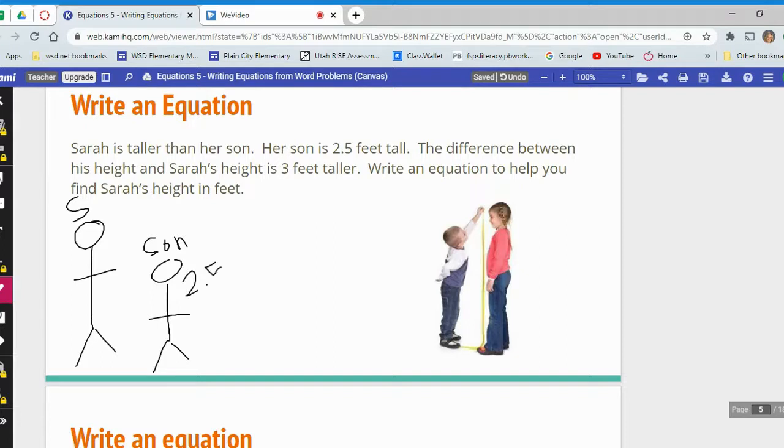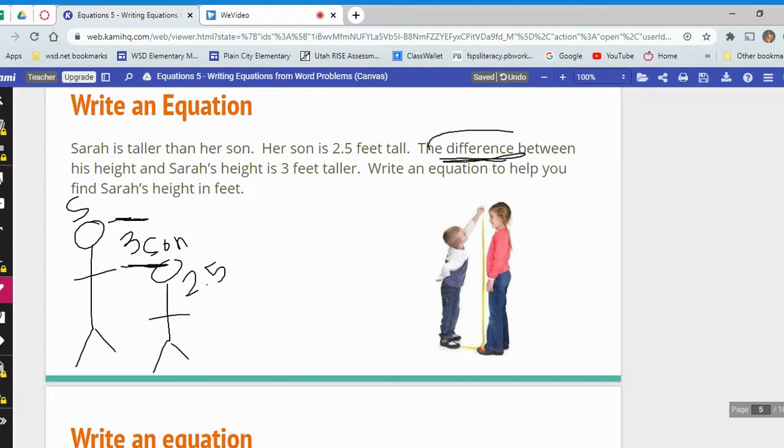He's 2.5 feet tall. The difference between his height and Sarah's height is 3 feet taller. So from Sarah to her son, we know is 3 feet. Write an equation to help you find Sarah's height in feet.